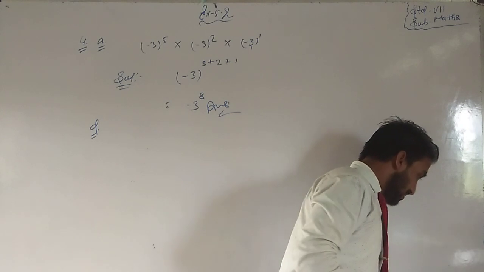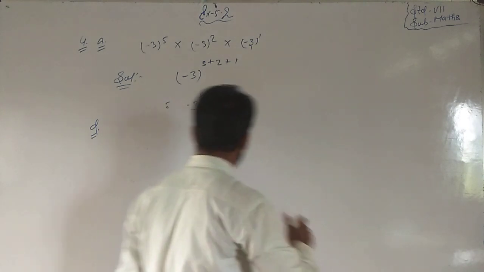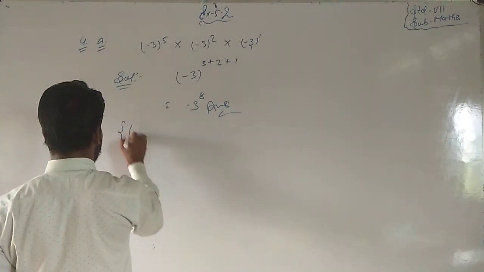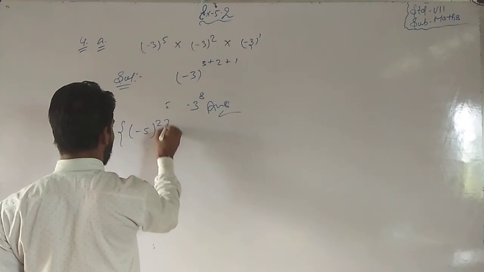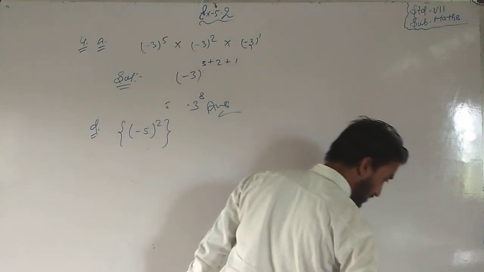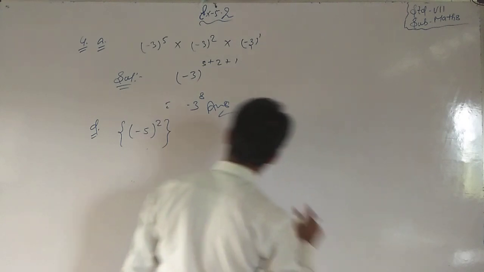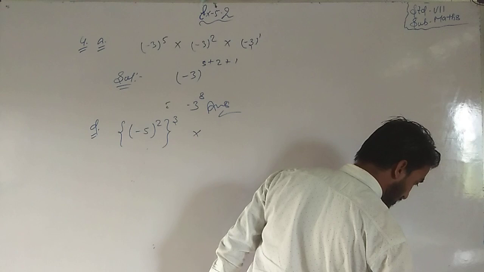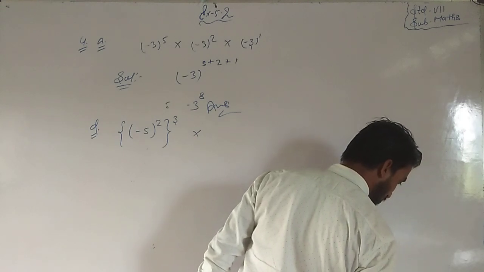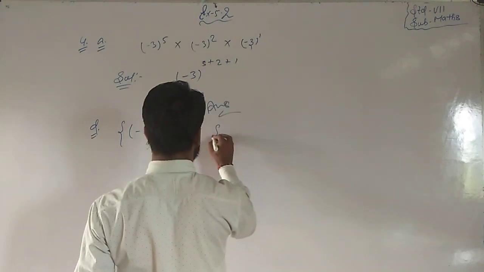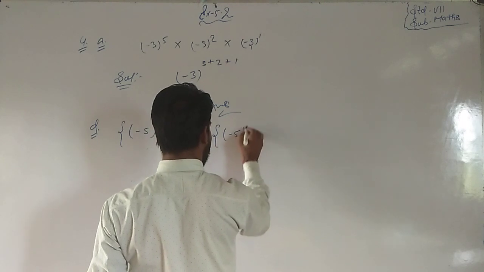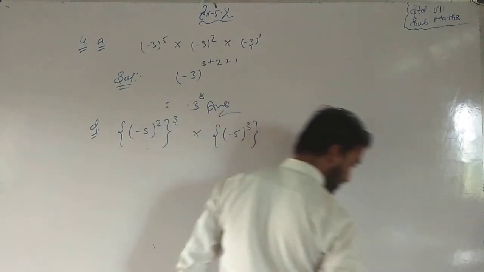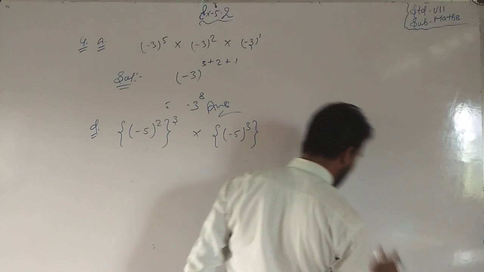The question is {(-5)^2}^3 multiplied by {(-5)^3}^2.